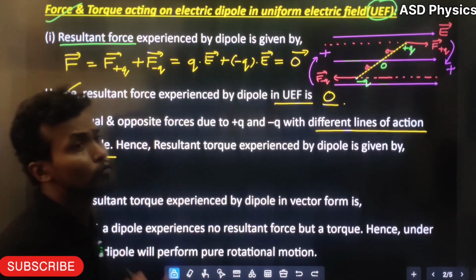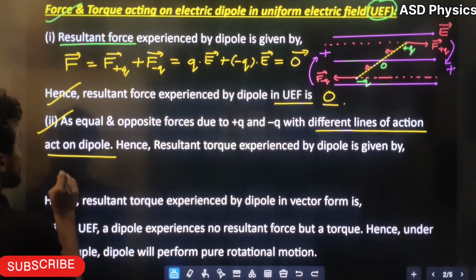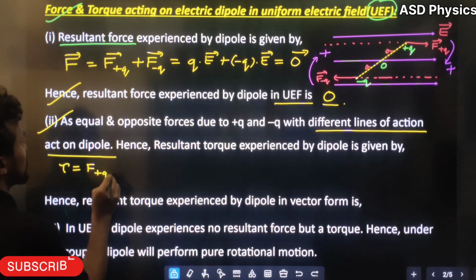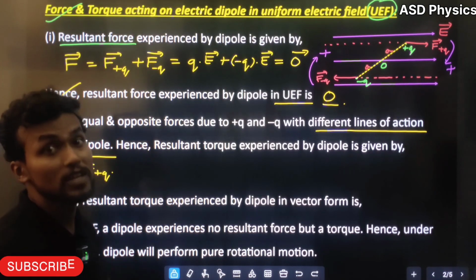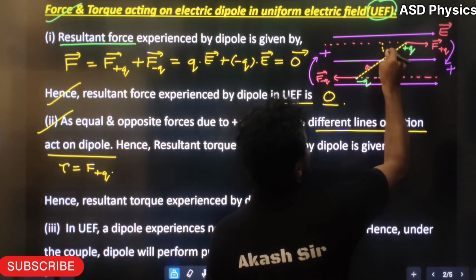After that, students, you know very well what is the torque formula. Torque is given by force into perpendicular distance, F into r perpendicular. Okay, so see please here, this torque is equal to, due to plus Q charge, now we have written the force, and see here this perpendicular distance we want.